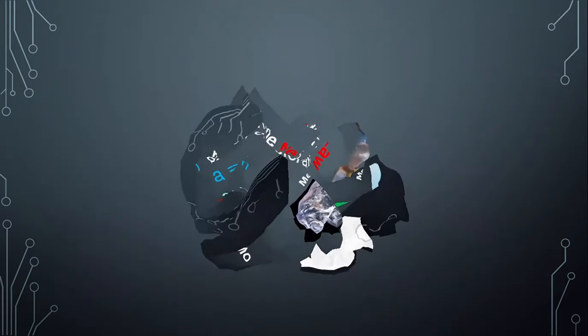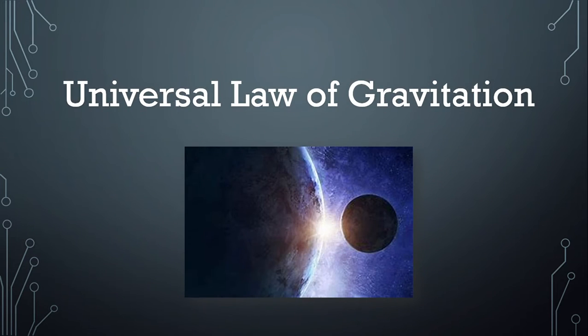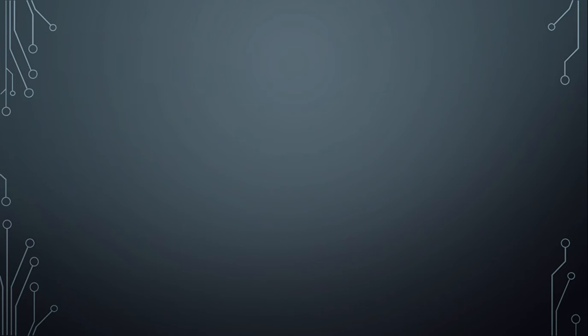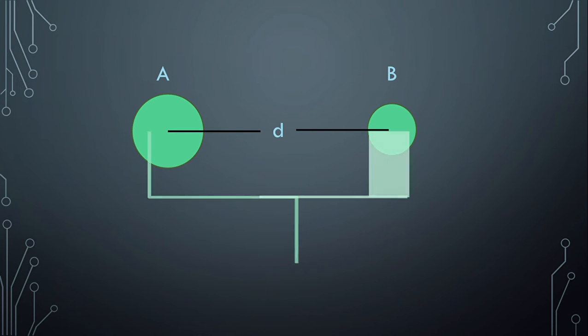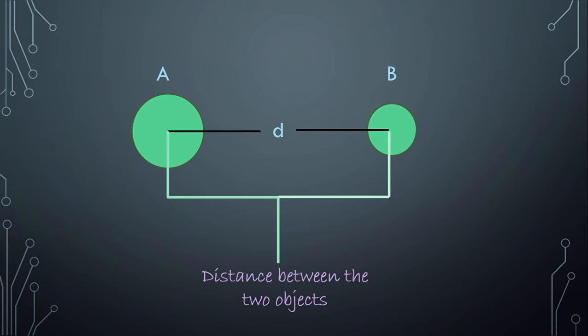Now the question is, how do we quantify this force? To understand this, we need to understand a simple concept called the universal law of gravitation. If there are two objects, A and B, separated by a distance d, the distance between the centers is considered the distance between two objects and not this distance.